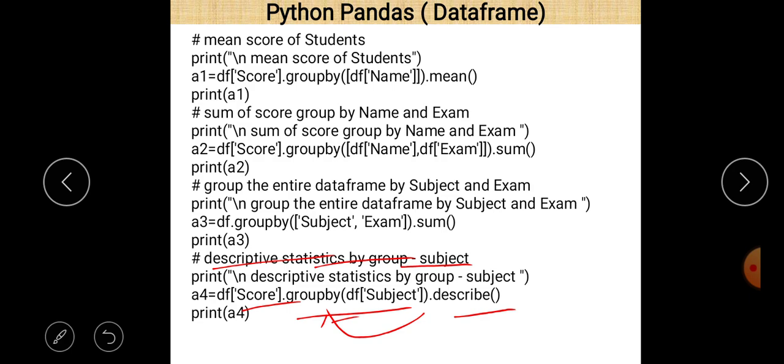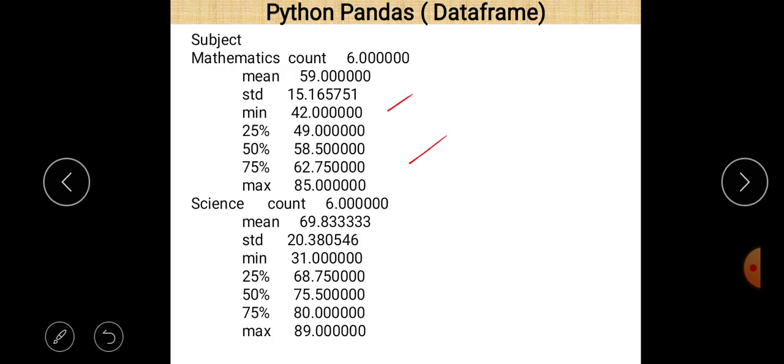So there is a description of data, and when we use the describe function, it means minimum value, maximum value related to score, standard deviation, and different types of percentiles are all calculated here. You can easily see that. So that is the concept of group by function.